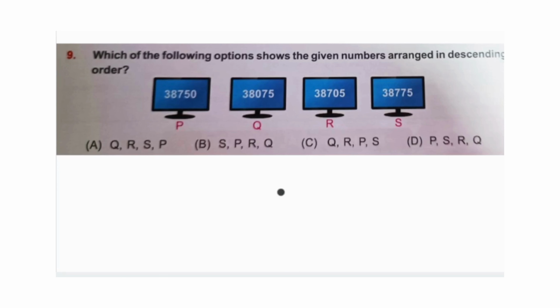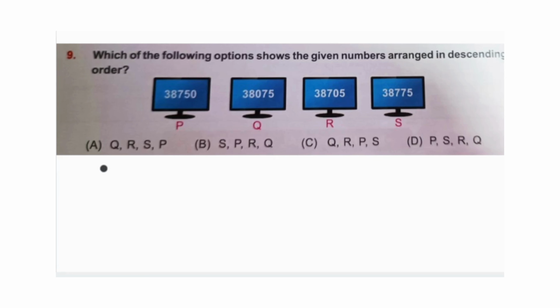So let's look at the question number 9 from number sense. Here, if you see, the question is, which of the following option shows the given numbers arranged in descending order? Descending order means the largest number to the smallest number.